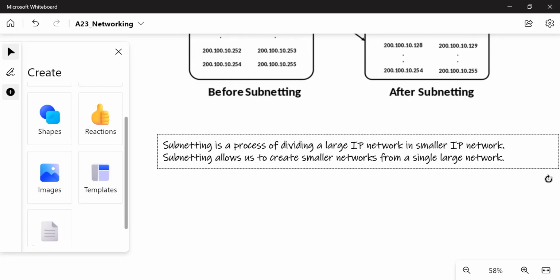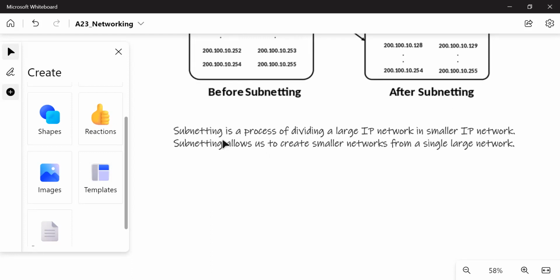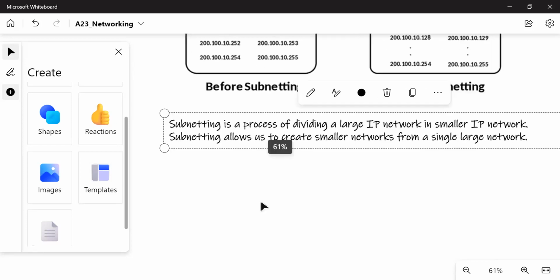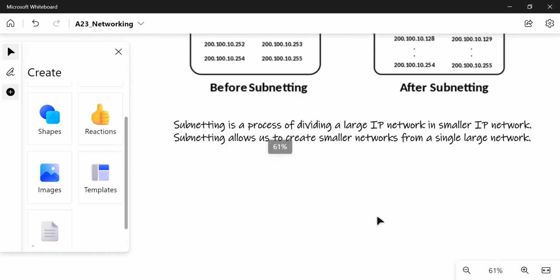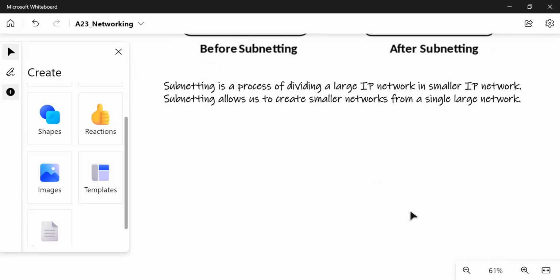You can write down that subnetting is a process we can use to divide a large IP network into smaller IP networks, and it allows us to create two smaller networks.